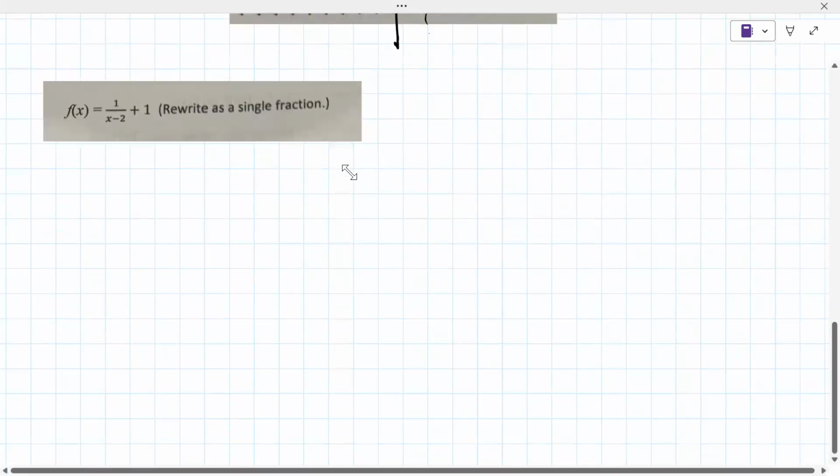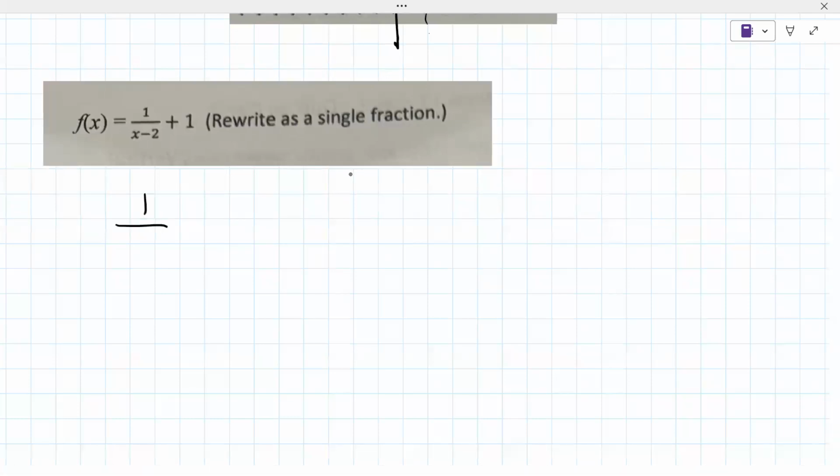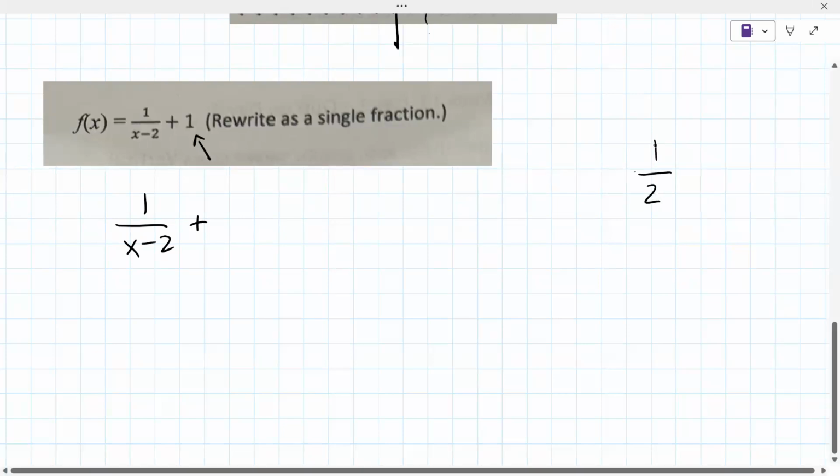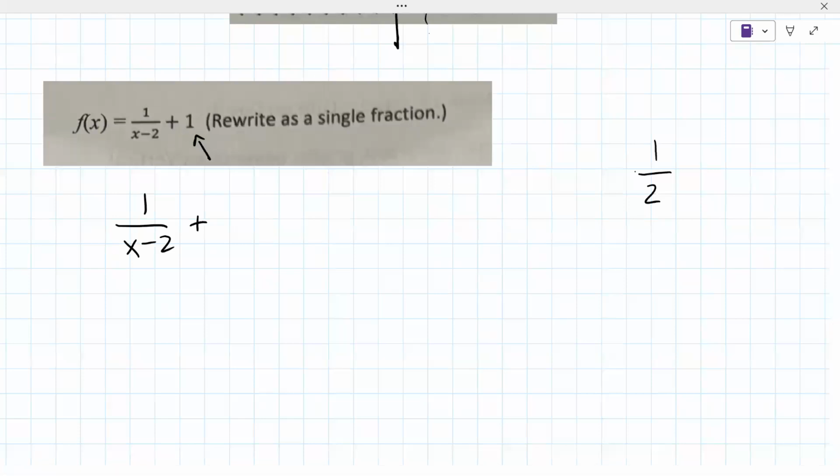First of all, this one right here that I'm pointing at, how do you write that as a fraction? What goes on the bottom? A two. But how do you write any number as a fraction?